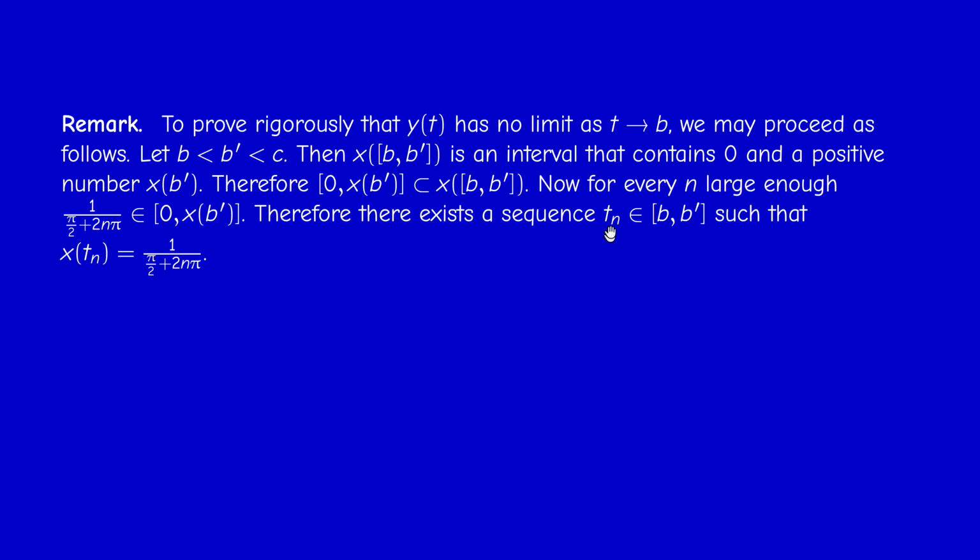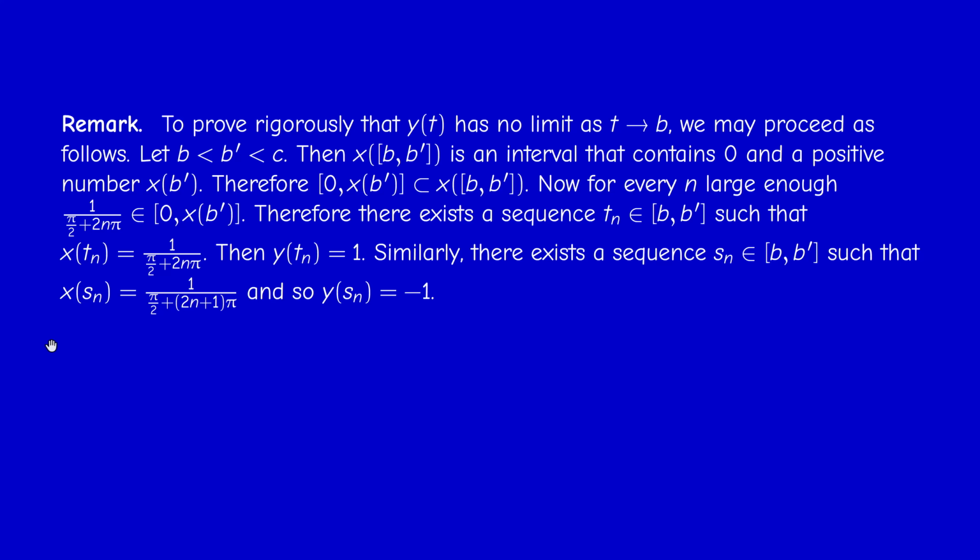So there exists a sequence that I call Tn in BB prime whose image under X is exactly 1 over (pi over 2 plus 2n pi). And in this case, Y of Tn is just sine of 1 over X of Tn, which is sine of (pi over 2 plus 2n pi), and by periodicity, it's just sine of pi over 2, which is 1.